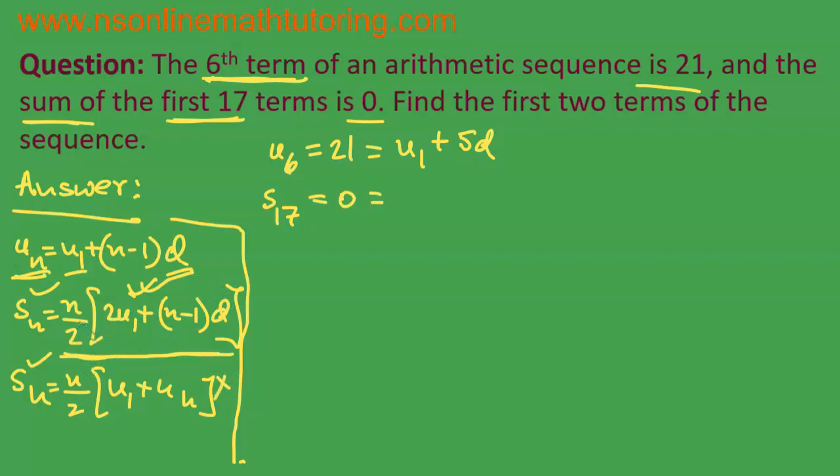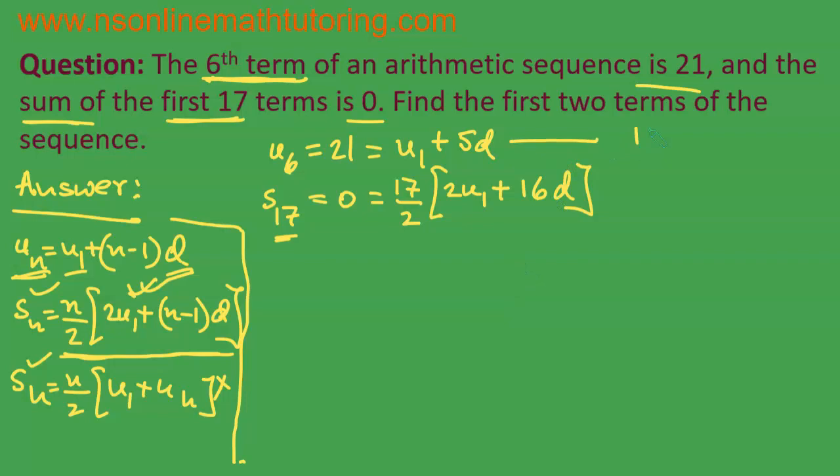What is the value of n? First 17 terms, so n is equal to 17. 17 over 2 times 2u1 plus n minus 1, 17 minus 1, that is 16, 16d.